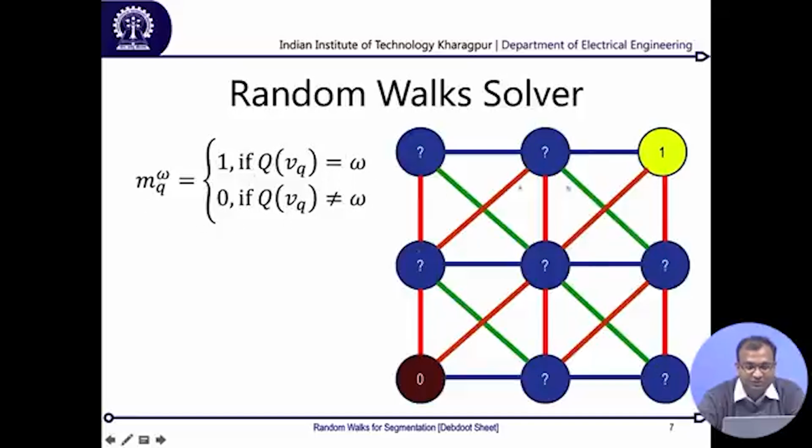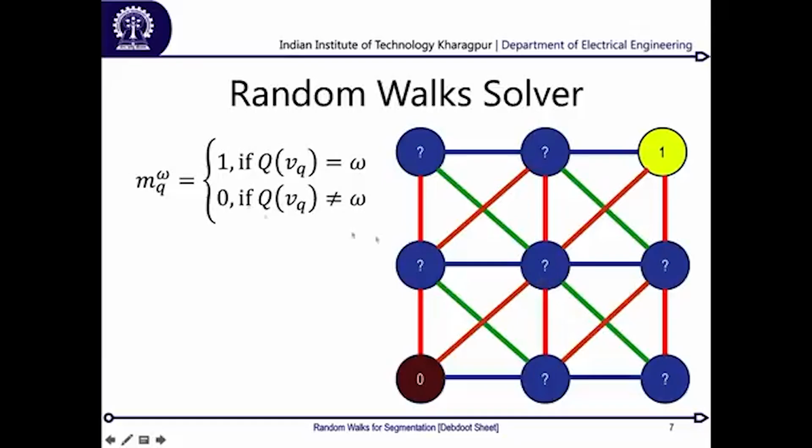So, I am just going to have a matrix the size of all the marked nodes, in which the nodes which correspond to a particular class will be marked as 1, and everything else will be marked as 0. So, unmarked nodes will not be part of this matrix M in any way.